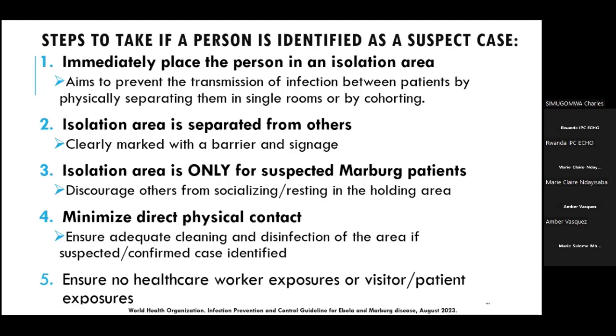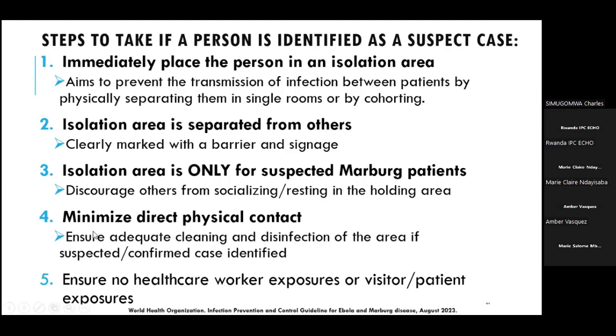The isolation area should be only for one disease. For example, in this case of Marburg, we have to keep only suspect cases or positive cases. We do not have to mix TB, tuberculosis, and Marburg. If we say this is for Marburg, we must only keep cases for Marburg.